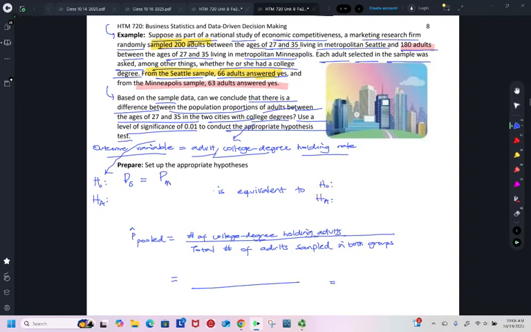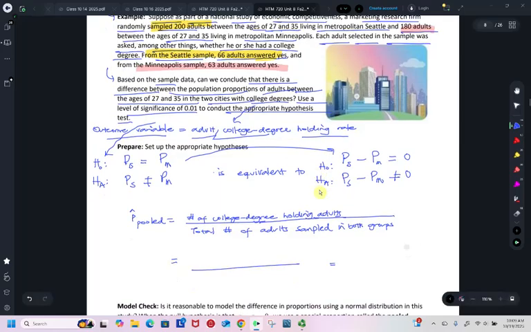Might they be equal, or versus the alternative that they are not equal? Similar to the last example, this is equivalent to setting your null hypothesis as saying the difference in the proportion of college degree holding adults between the two cities is nothing, versus the difference between the proportions is not nothing, or something significant.